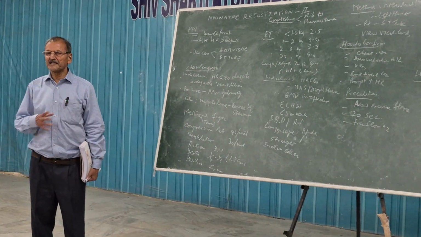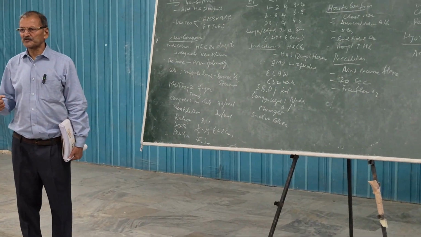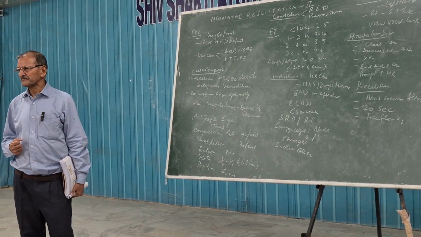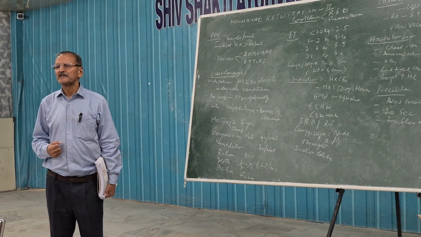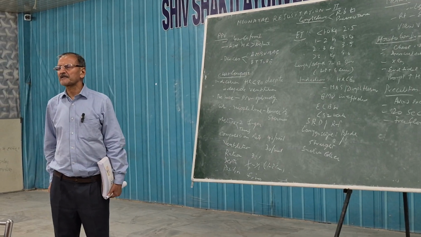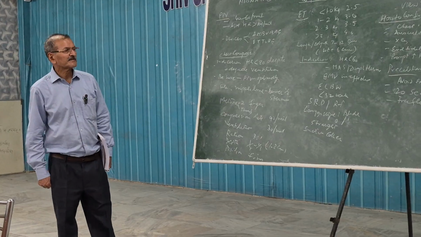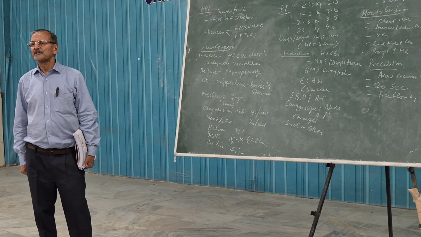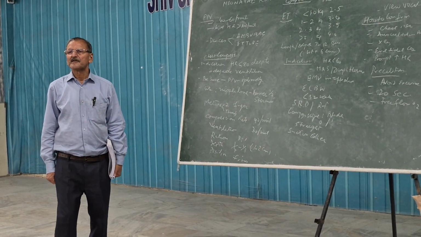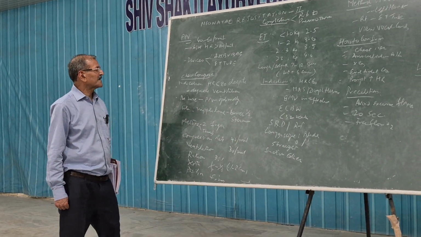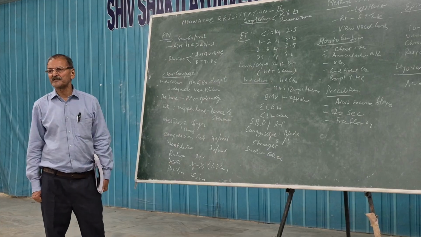Or bilateral chest, both side chest expansion is not taking place. You have not maintained the correct slightly extended position of the baby. So these factors might come into play and the ventilation may become inadequate.